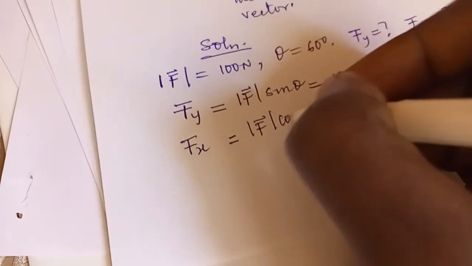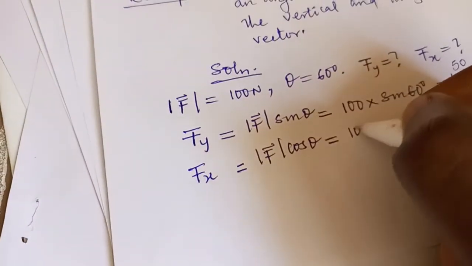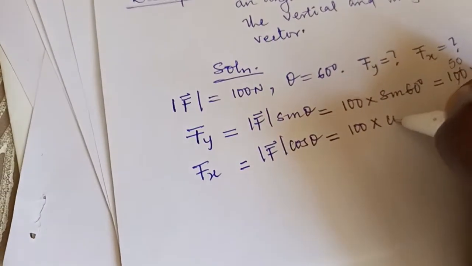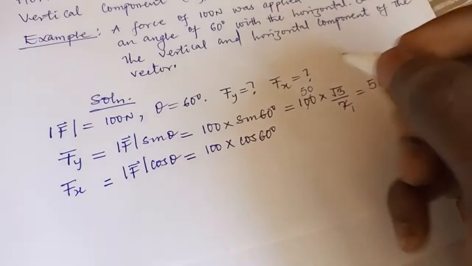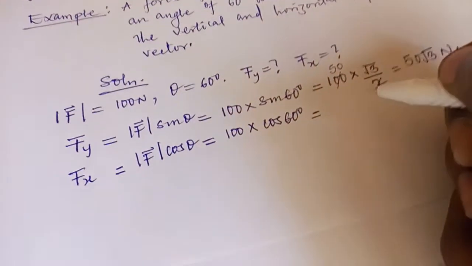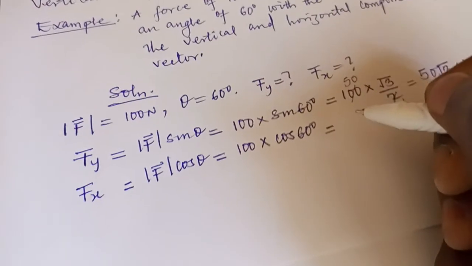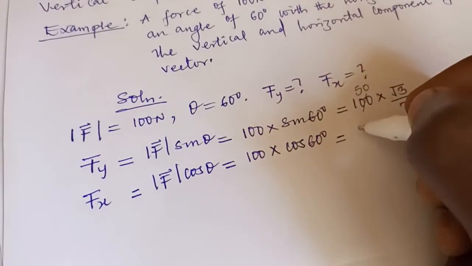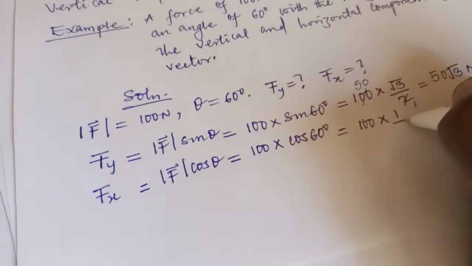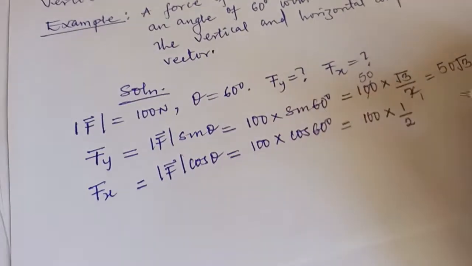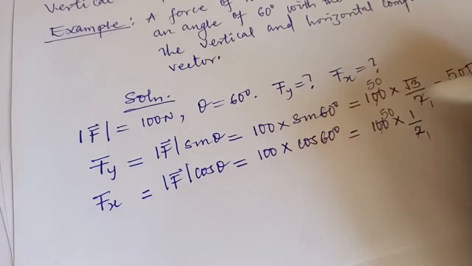Now to find the horizontal component, which is Fx, it is just equal to the magnitude of F cos theta. And this is equal to the magnitude of F, which is 100, multiplied by the cosine of theta, which is 60 degrees. And this will be equal to, because 60 is still a special angle, and because it's adjacent over hypotenuse, we'll have 100 multiplied by 1 over 2, because cos 60 is 1 over 2, which is 0.5. 2 into 100 is 50.